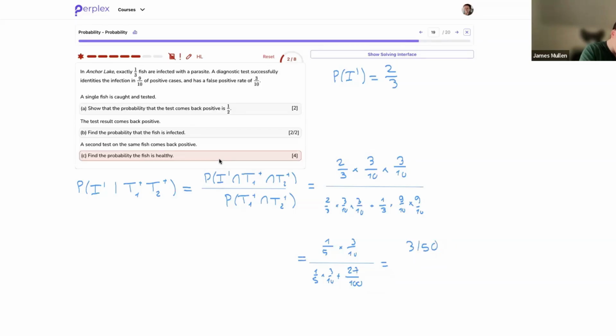That's the first step. And then in the denominator, I'm going to have 1 out of 5 times 3 out of 10. That is going to be 3 out of 50. But I'm going to make it out of 100 so it has the same denominator as the other fraction. So 3 out of 50 is 6 out of 100. 6 out of 100 plus 27 out of 100. And then I'm going to make the numerator also out of 100. It'll make things easier. So I'm going to have 6 over 100 divided by 33 over 100.